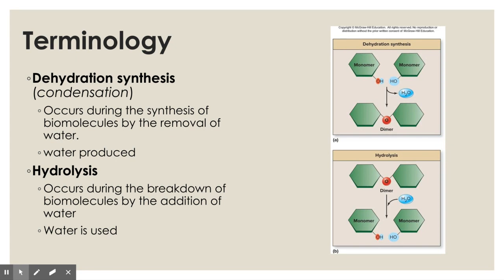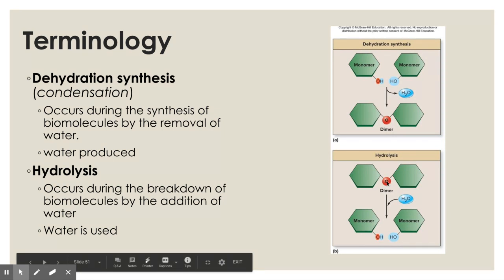The opposite process of dehydration synthesis is hydrolysis, lyse meaning break. That is going to break apart these biomolecules by adding water to it. So what happens is you have this macromolecule being made here. You add water and we break apart this bond.